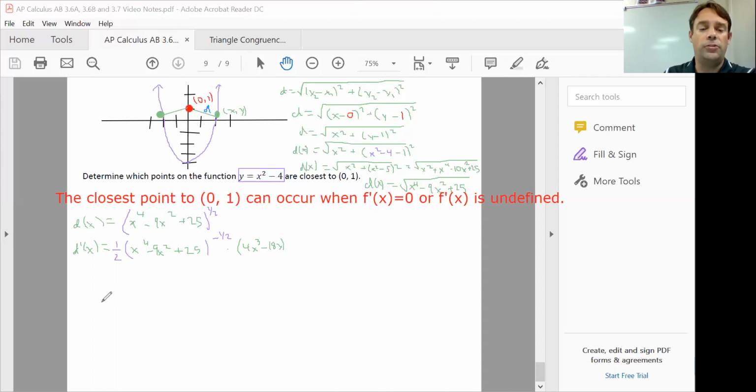So we're going to set it equal to 0. And as we set it equal to 0, I'm just going to take the stuff that should be in the denominator and put it in the denominator. So 4x cubed minus 18x, that's going to be the numerator, and then the 2 down here. And I'm going to take that negative 1/2 and turn it back into a square root.